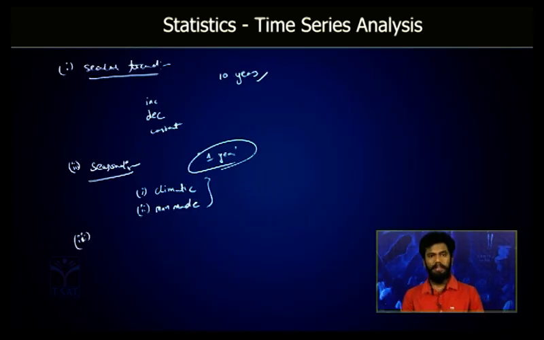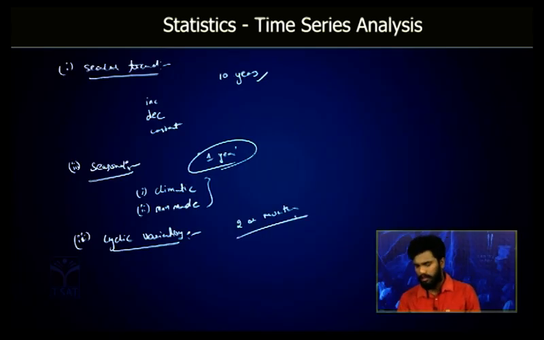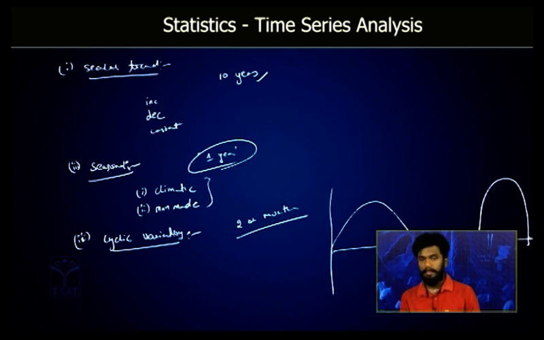The third one is cyclic variations. The cyclic variation usually considers a time period of 2 or more than 2 years. In the cyclic variations there is a graph like this.